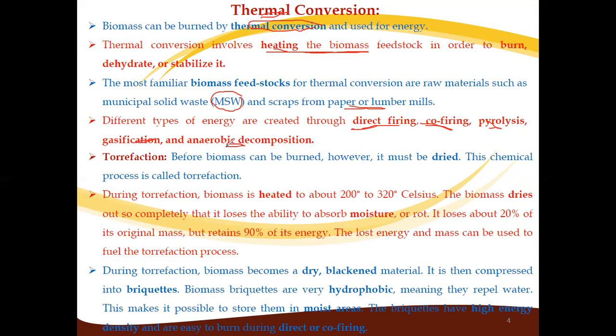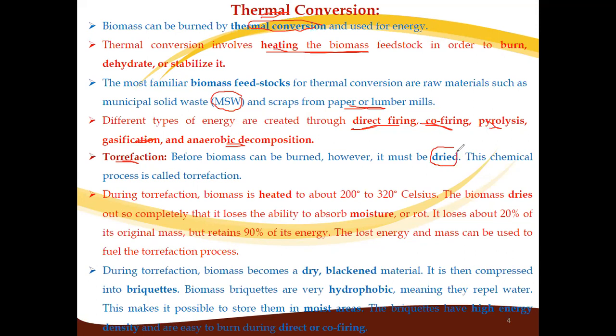All are thermal conversion methods. Now we'll see the first method, that is called torrefaction. Before biomass can be burned, it must be dried.